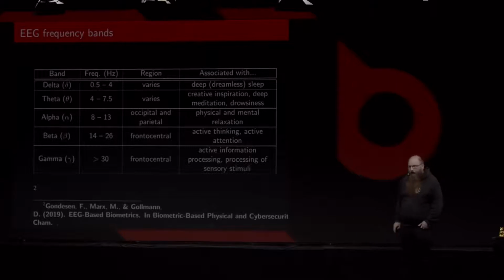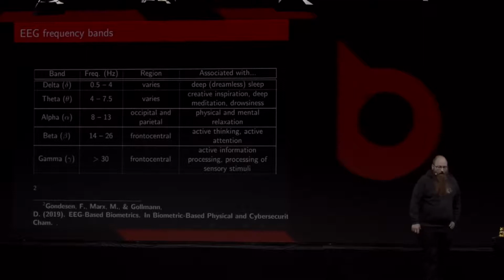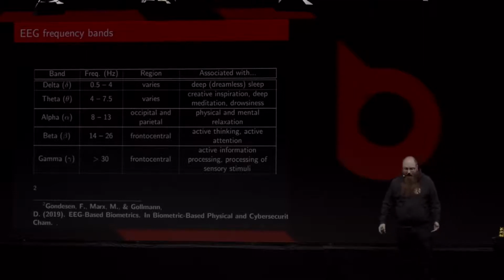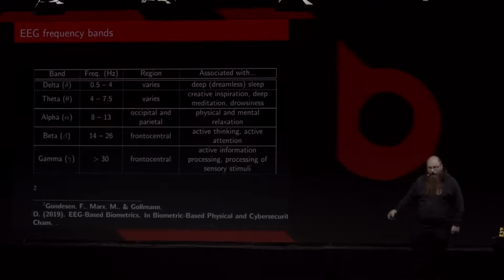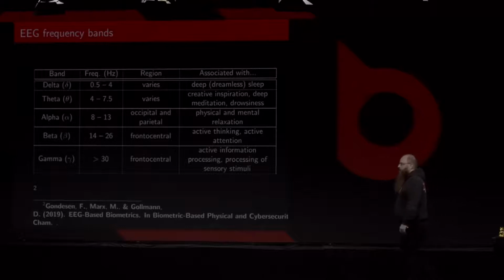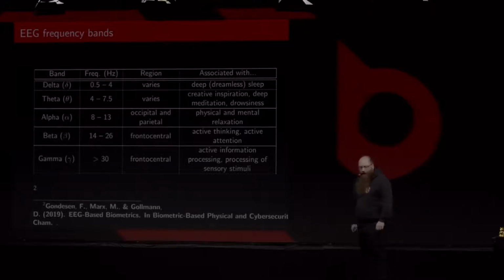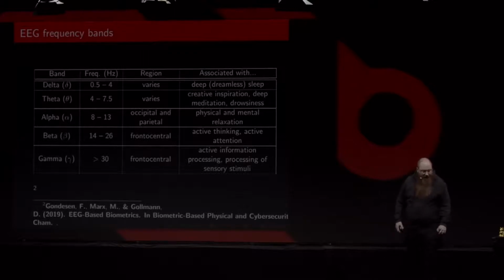The different frequency ranges are typically associated with, for example, some states of mind, like sleep states. Actually, it's quite easy, even with a timeline, to see in which sleep state someone is. Important is the alpha band.